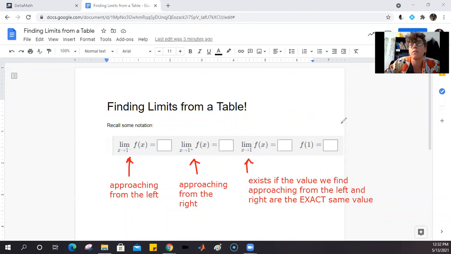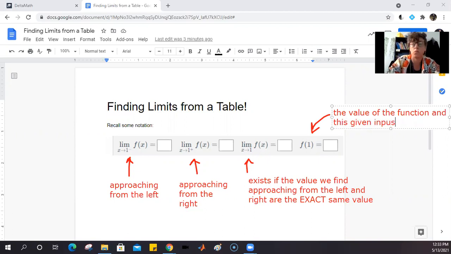And then this last one, not a limit at all. That's just the value of the function at 1, at this given input or x value. You can have a limit as x approaches 1 that is different than the value of the function at 1. That is totally possible.